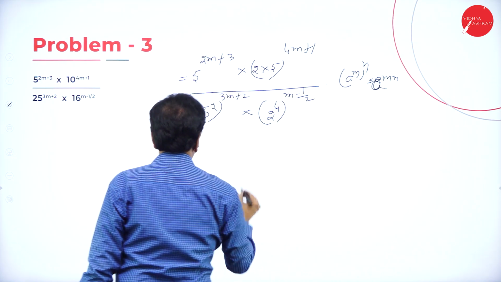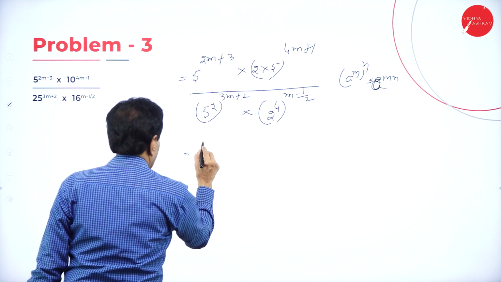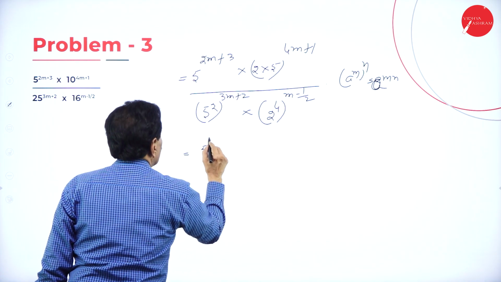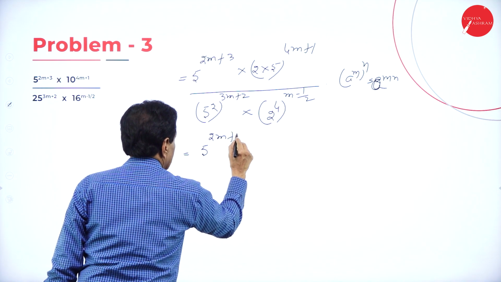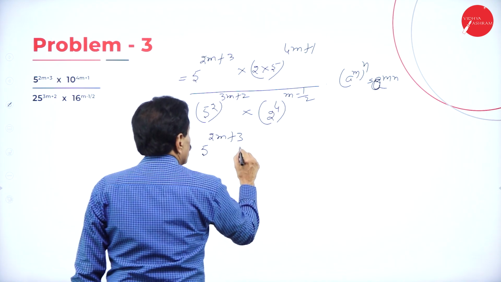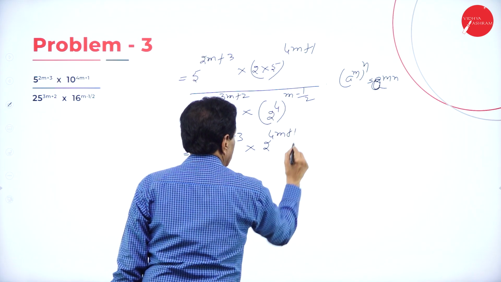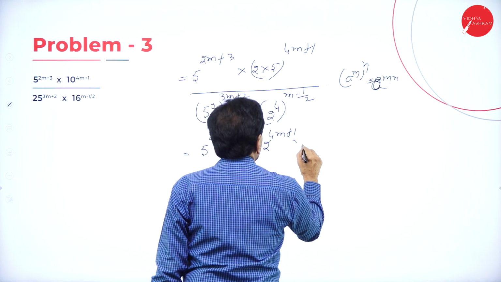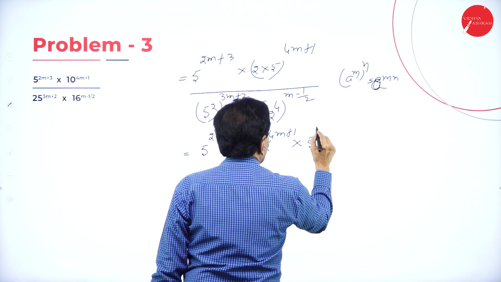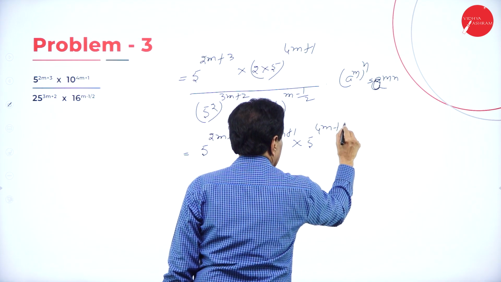Slowly we can do. This is 5 to the power of 2m plus 3. This is 2 to the power of 4m plus 1 into 5 to the power of 4m plus 1.